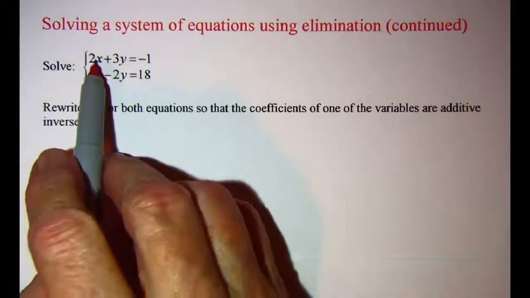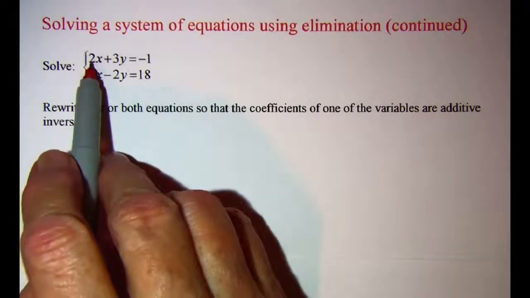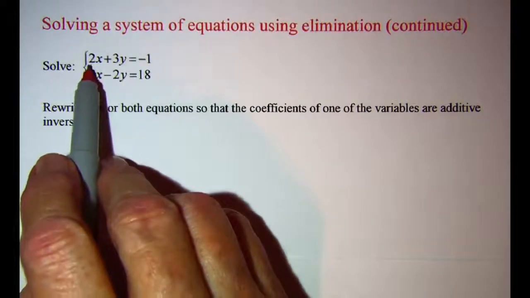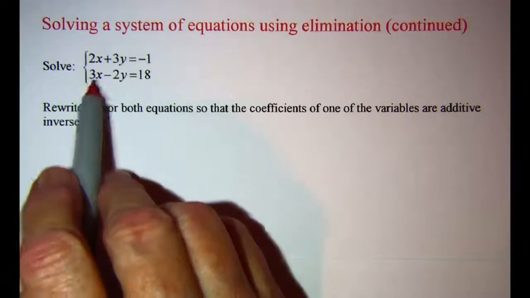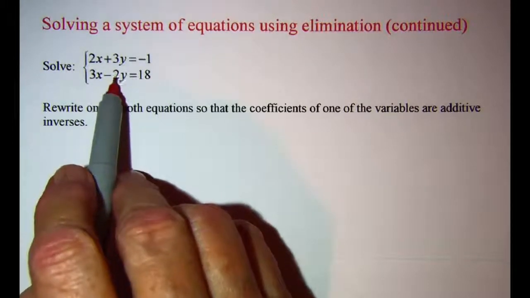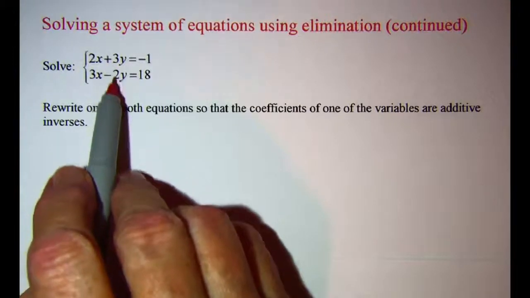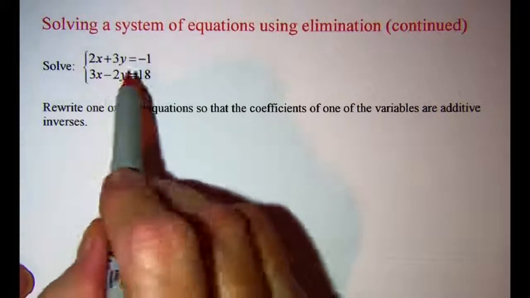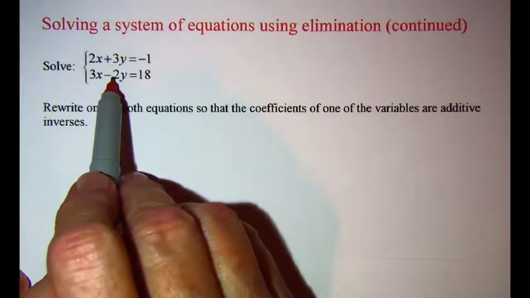Now if we take the x variable, I could change both of these to 6, but I would need to make one of them positive 6 and the other one negative 6. I could do that. But the y coefficients already have opposite signs, so I'm going to choose to change those numbers to 6's, and since they already have opposite signs, I don't need to worry about that.